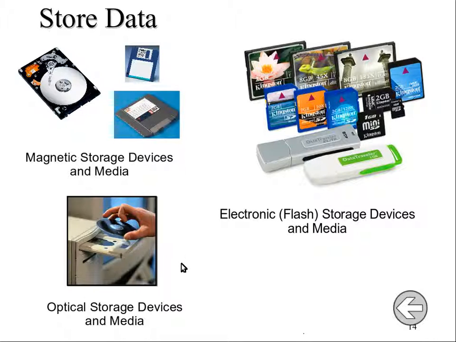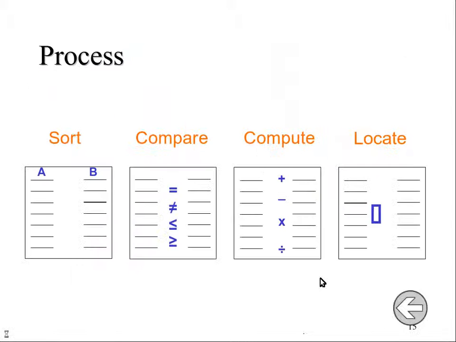Or optical storage, such as a CD-ROM or a DVD-ROM. Or electronic storage, such as flash memory, such as these USB flash memories, or these flash memory cards, such as compact or SD flash cards. Those are all devices which we can store data in and retrieve it back again.